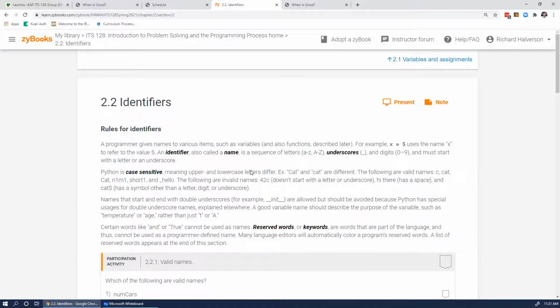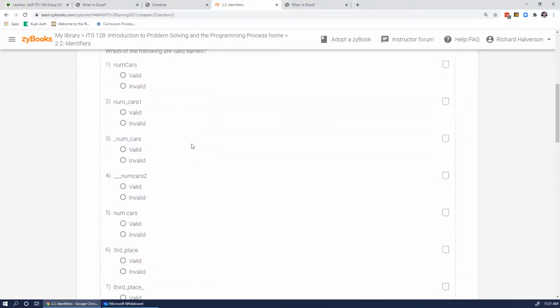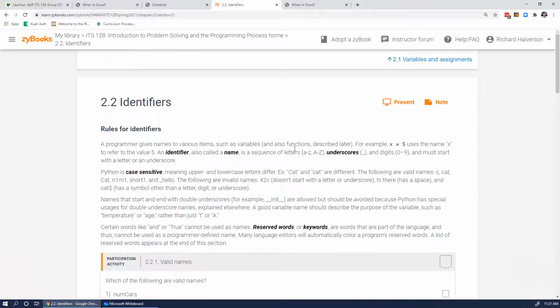This talks about what are valid names. A valid name always has to start with a letter or an underscore. And then after that, it can have any of these, all three of these sets of types of characters.